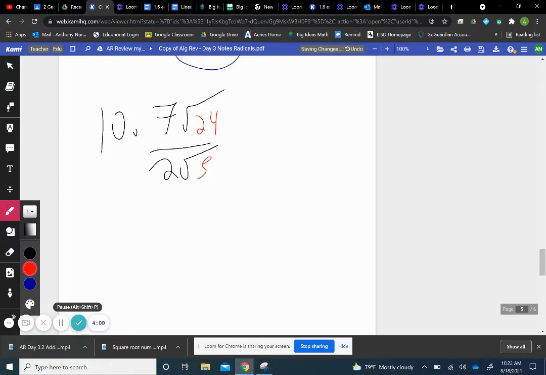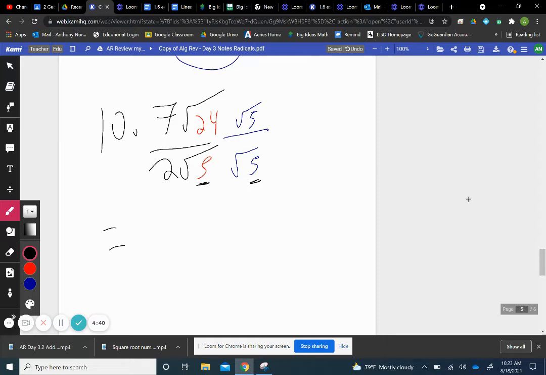This is 10. Just like before, we're going to follow these steps. Actually, I'll give you the steps in a sec. We're going to need to do one more problem. We're going to multiply the top and bottom by the square root of 5. We're going to multiply inside the radicals.